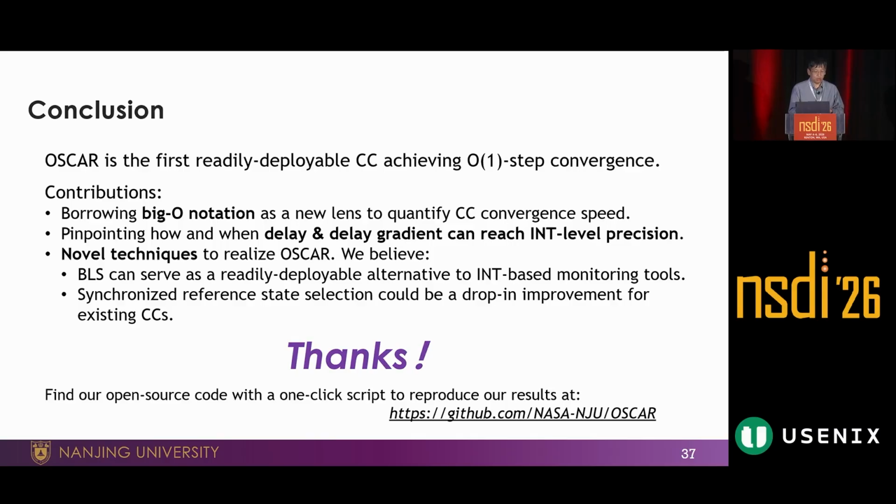And we also point out that we should synchronize the reference state selection together with the feedback. All this comes from our years of understanding of congestion control, and now we come here.